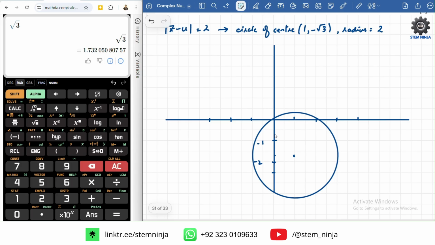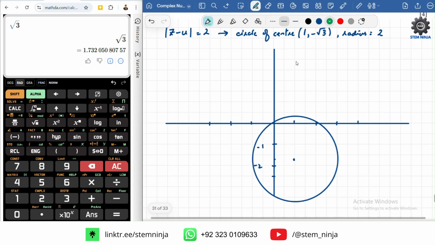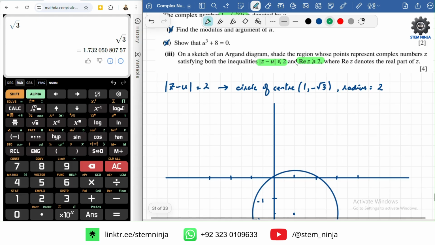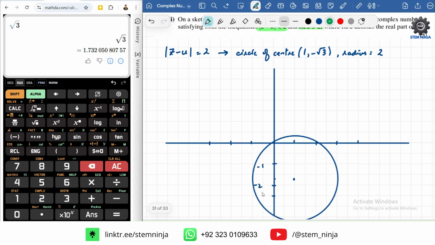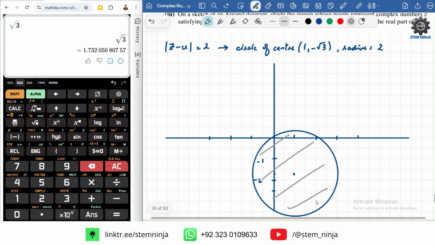It may appear that it's passing through the origin, but it may not pass through the origin. Okay, right. So basically this is somewhat like this. And less than equal to 2 means all of this region will be shaded. So consider this part to be shaded.